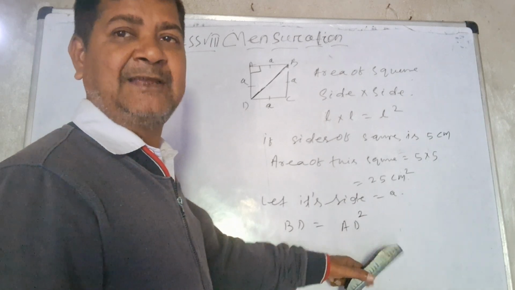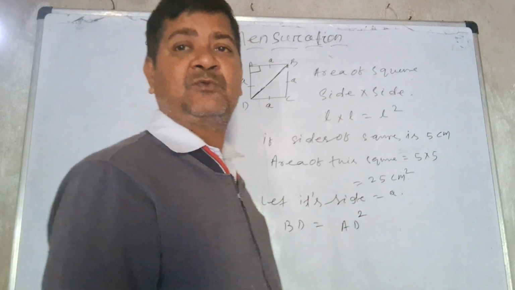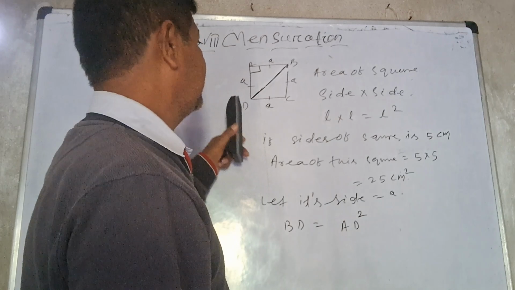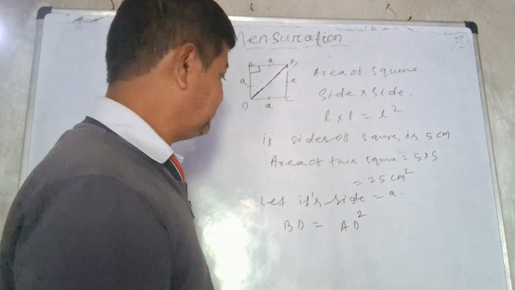Pythagoras formula for a right angle triangle: H square equal to P square plus B square. Here BD is H. AD and AB are base and perpendicular.